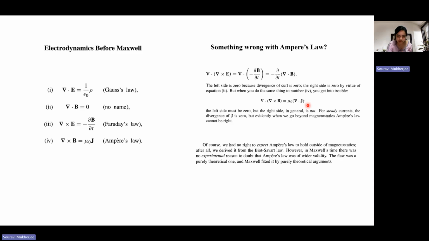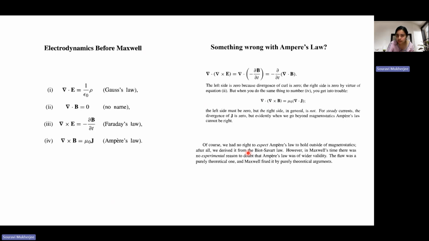we are in a region which is beyond magnetostatics, right, where things are changing? So there is no reason for us to have the condition of divergence of J always being zero, right? So J can have a non-zero divergence. So in that case, the identity would fail, right? This will not work. So there's something wrong. So this is telling us that Ampere's law works for magnetostatics, but it's not always correct.